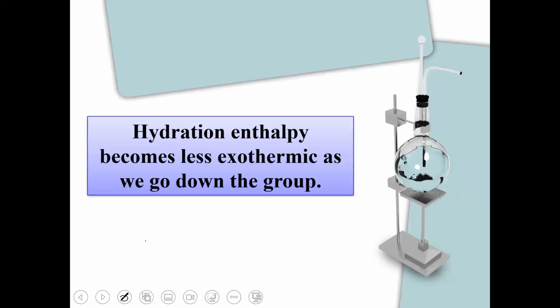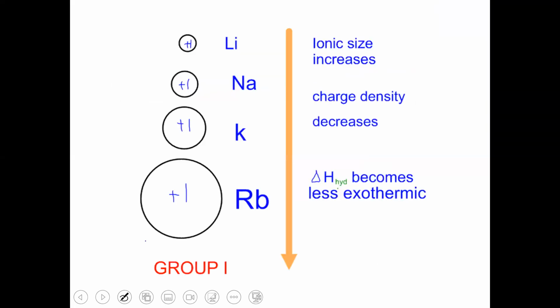Now, our next concept for today: hydration enthalpy becomes less exothermic as we go down the group. Again, I will be needing some backup from AS chemistry. And what is the backup? If you are going down a group, the size of the atom increases or decreases?